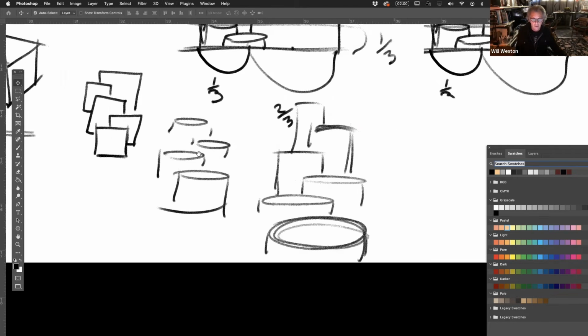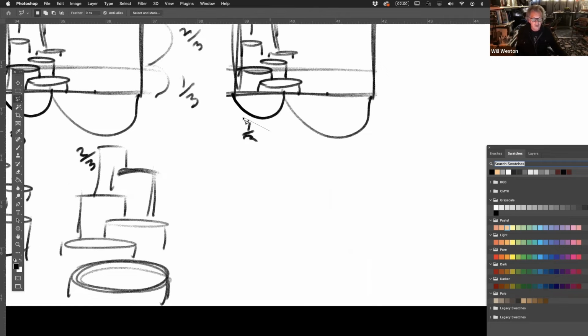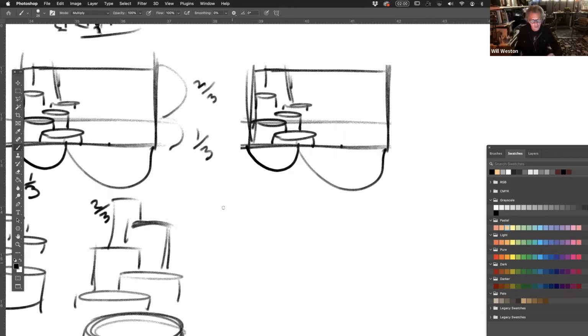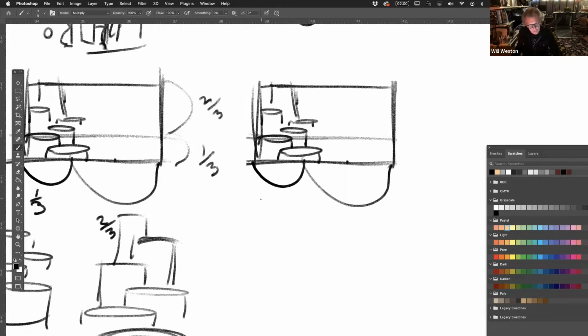Now, what this area is over here, the 1/3 on this side, is also a thing called overlap. And that means depth. Now, I think it's fine just to think of it as depth, but the industry term is overlap, so I use that, okay? And then over here, we have reveal.